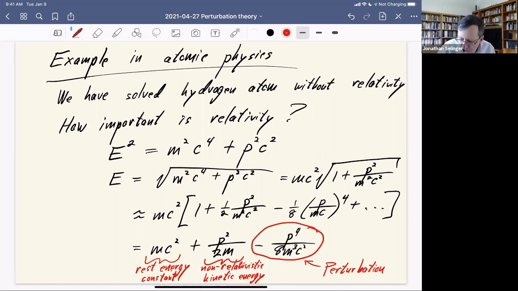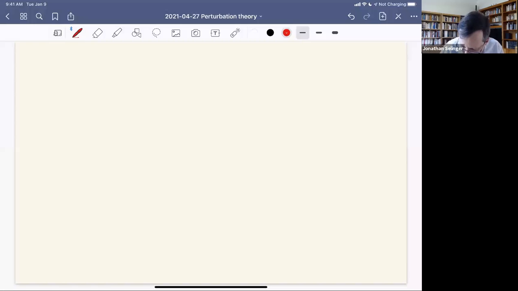People say this term is a perturbation on the Hamiltonian, which comes from relativity, and then they put it into perturbation theory to figure out how that term enters into the hydrogen atom eigenvalues.